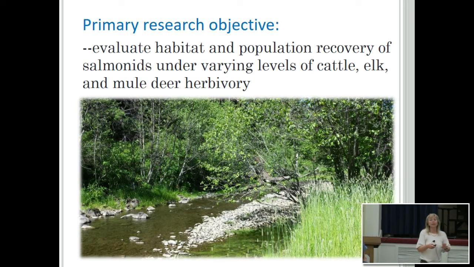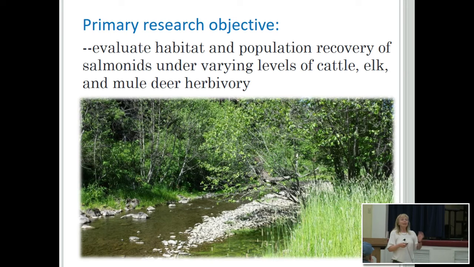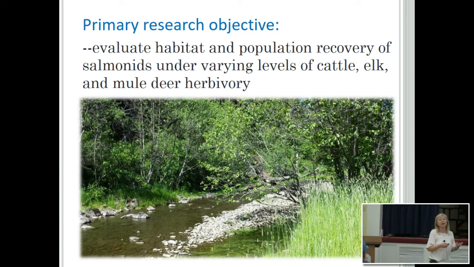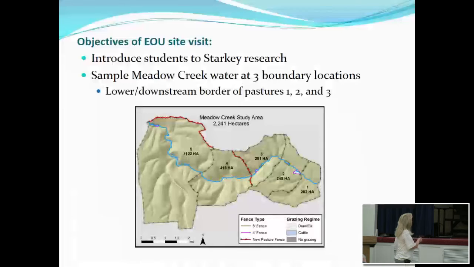So Meadow Creek is being remediated for increasing the population of salmon, but at the same time with different grazing approaches. So that's different because normally in a restoration type of environment, grazing is not considered, but in this case it is. So you can see the different pastures, what they have done.